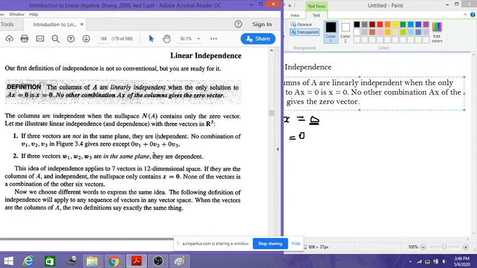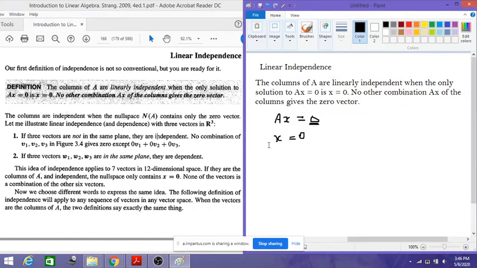Now to understand this, let us take an example. If you have 3 vectors, and they are not in the same plane but in different directions, say one vector here and the other vector here, these are v1, v2, v3.